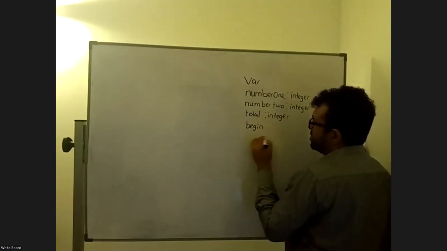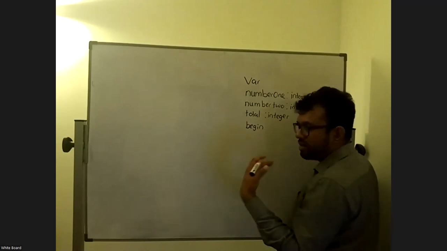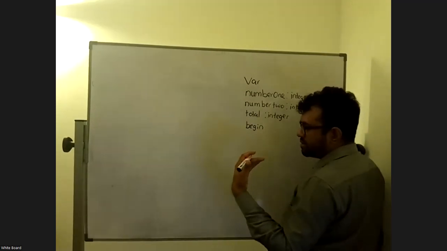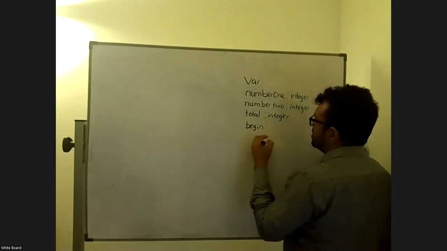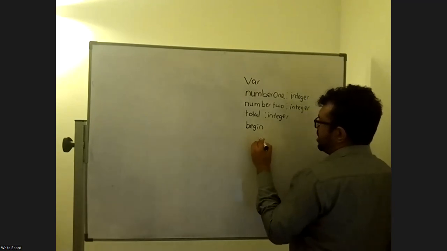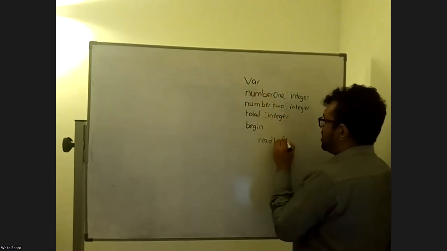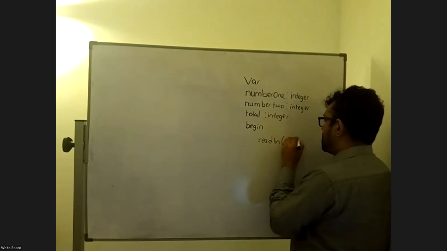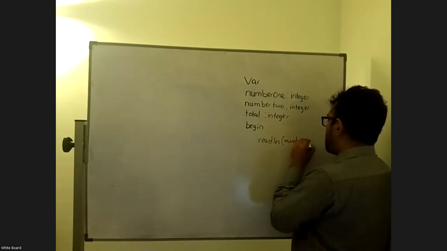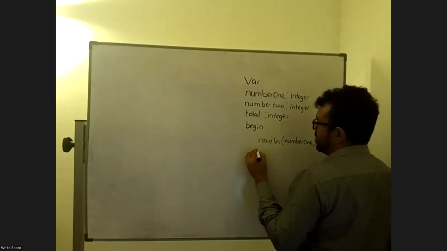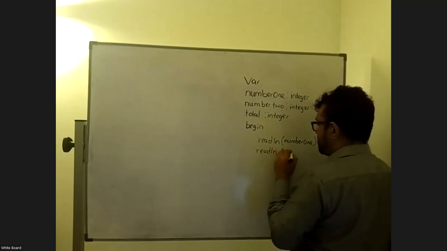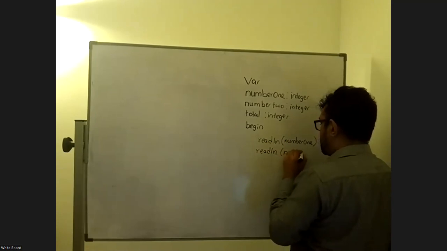And first, I will not write down these steps to show the information to the user. I will only write down readln number 1. Then next one, readln number 2.